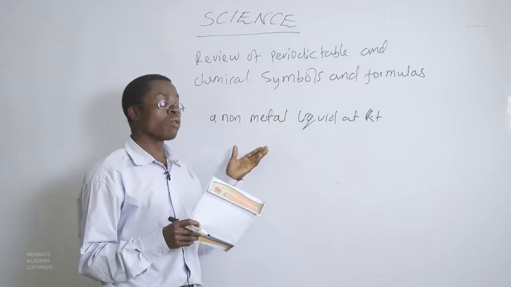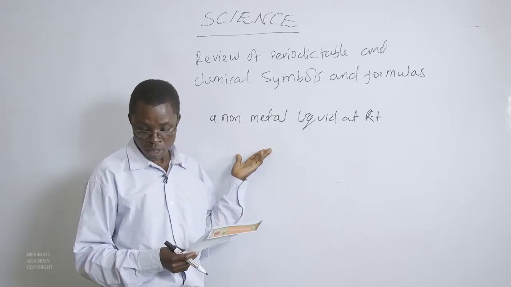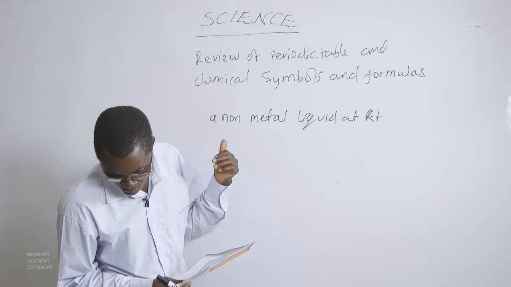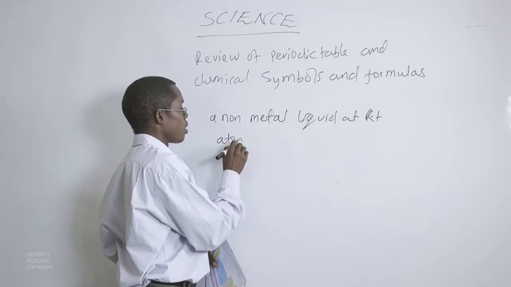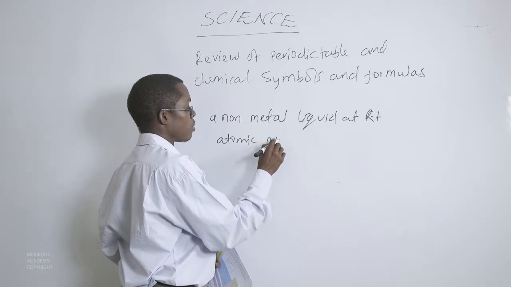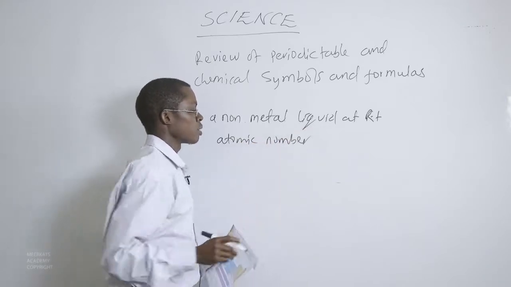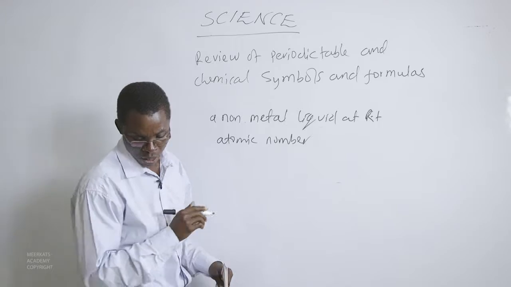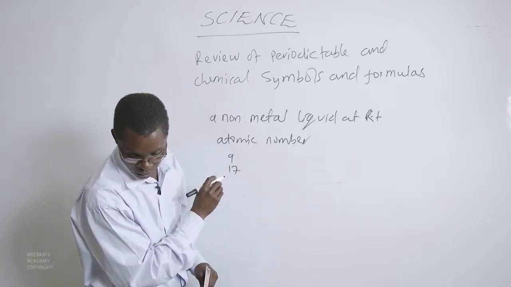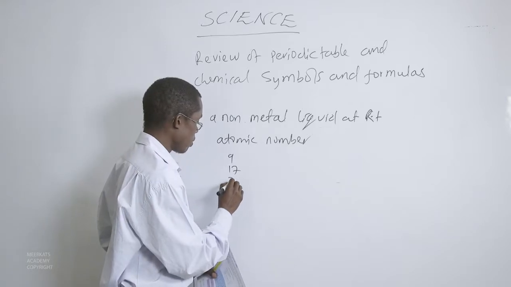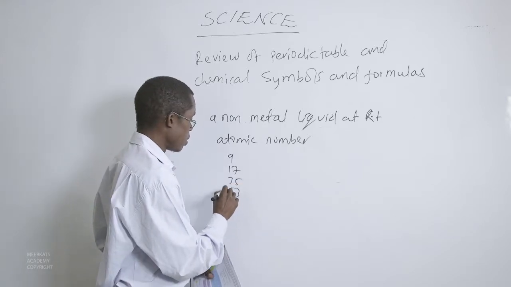But now we are not looking for its name. The question is asking us to get the atomic number. Atomic number. The options we are having are 9, 17, 35, and 53.